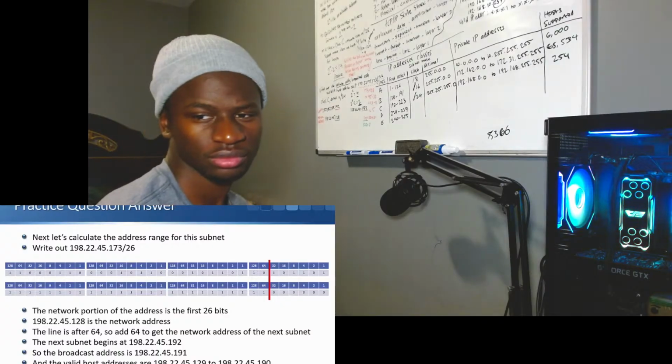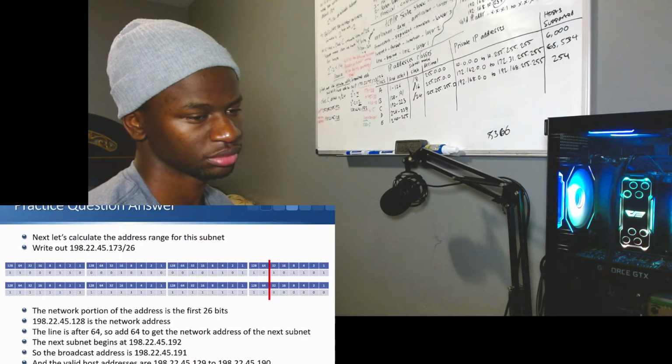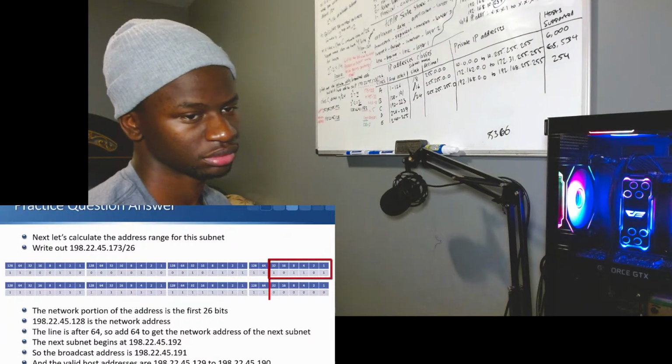Then we figure out what the broadcast address is. That would be if we had a 1 in all of the host bits. So that would be a 1 on the 32 down to the 1.